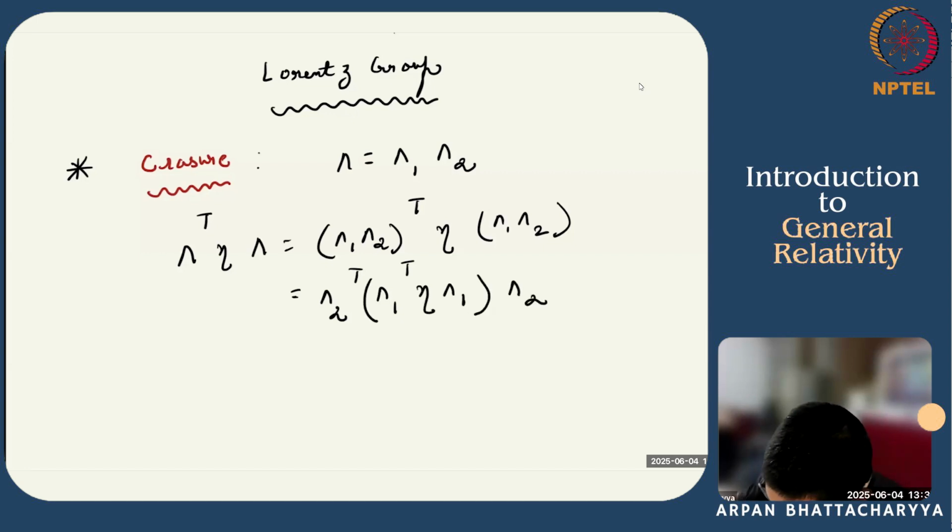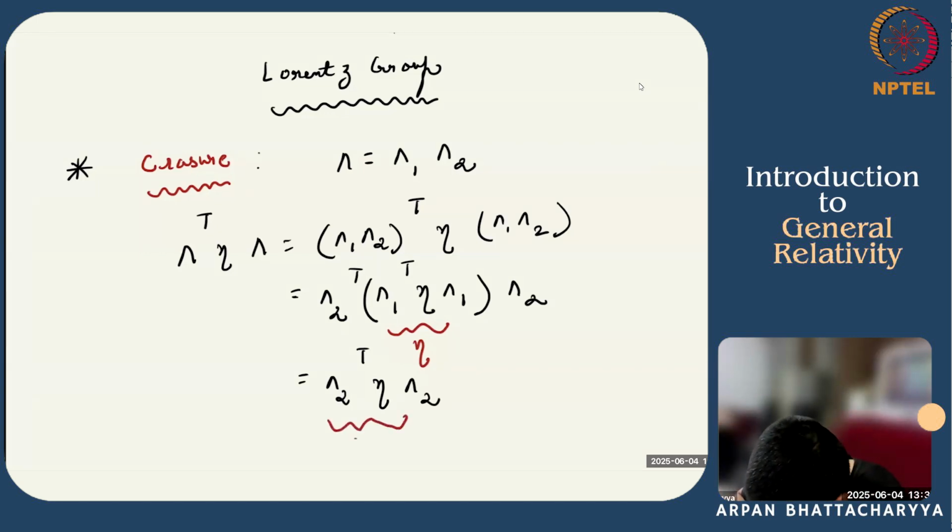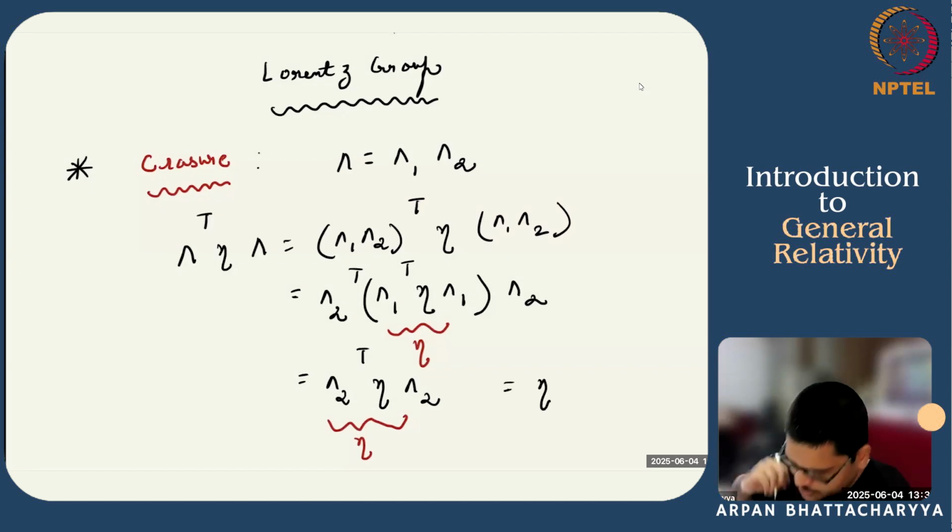But now Lambda 1 itself is a Lorentz transformation, so this will be eta. So we have Lambda 2 transpose eta Lambda 2. Again, Lambda 2 is also a Lorentz transformation, so it will satisfy eta. And hence we have our relation. So the product of any two Lorentz transformations is also a Lorentz transformation. So it satisfies the closure property.